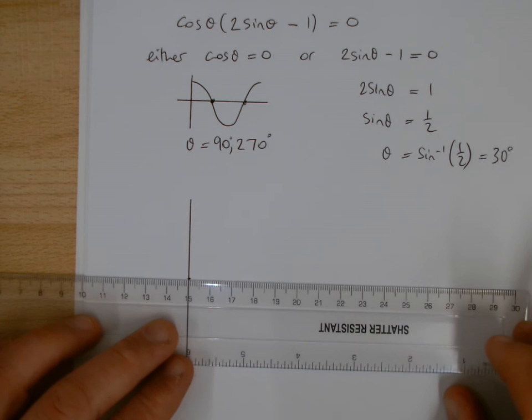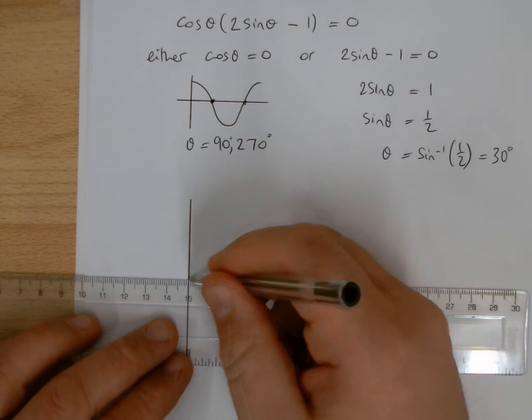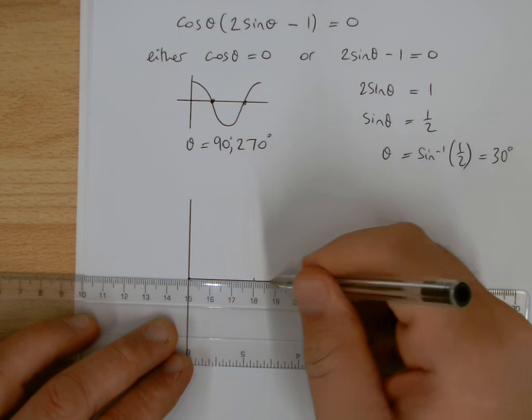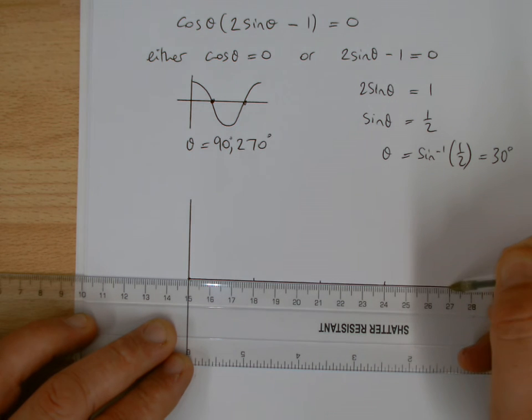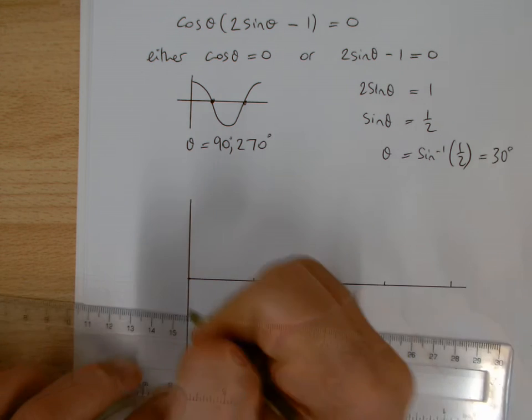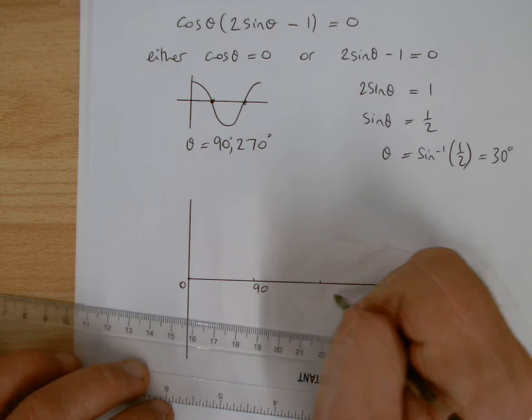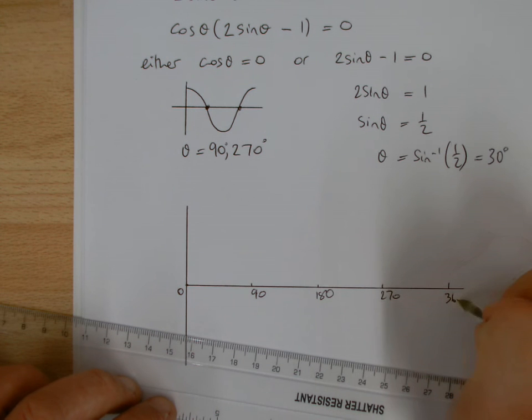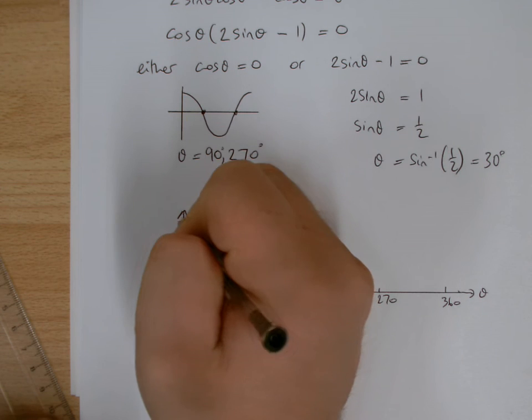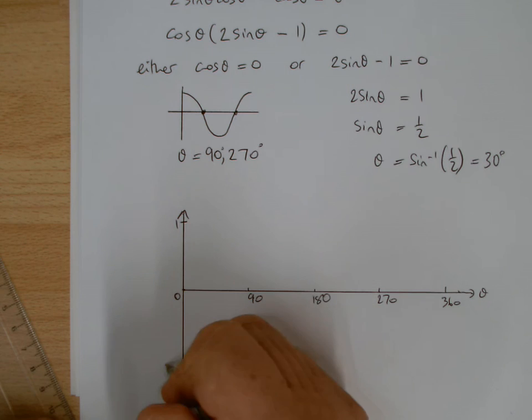With the sine graph here, you could, for instance, go every 3 centimeters to represent 90 degrees. This is a nice simple one, and a simple solution is going to come out. So we've got 0, 90, 180, 270, 360, and that's what we need the angles for. And we know that it's got a maximum of 1 and a minimum of -1.